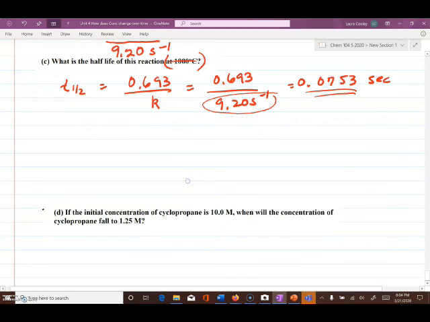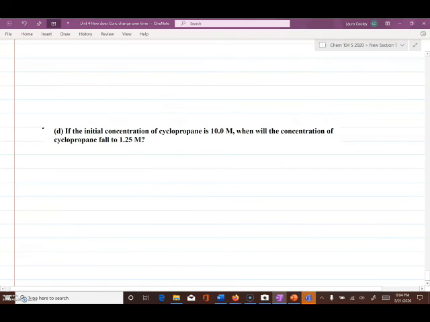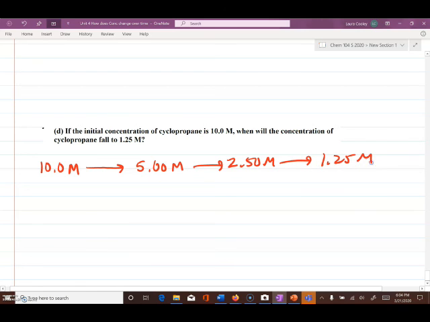And then finally, part D, if the initial concentration is 10 molar, when will the concentration fall to 1.25? And here is a case where you can have everything. So what I'm doing here is I divide this by 2, then I divide it by 2 again.